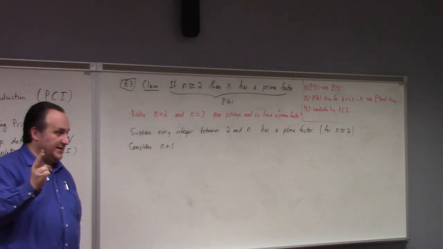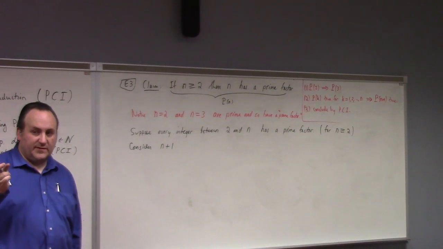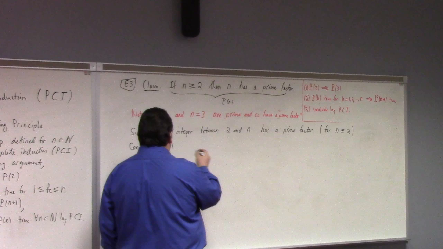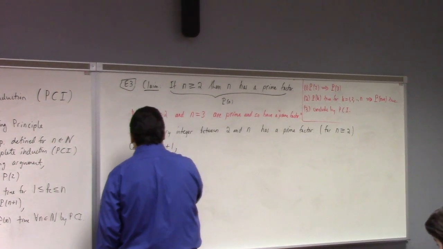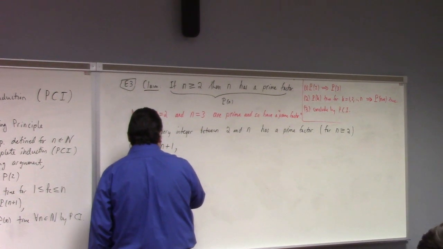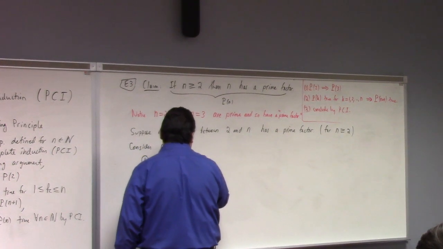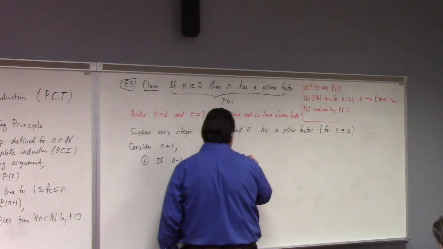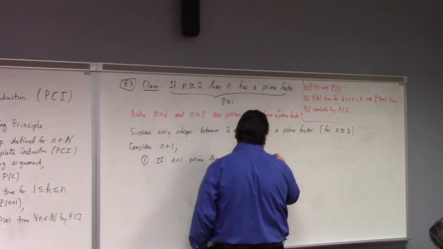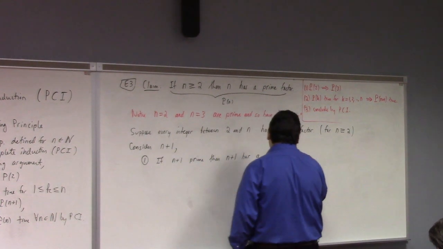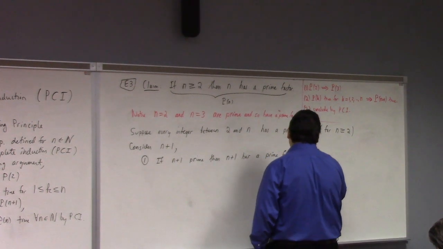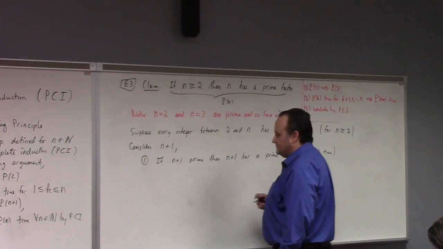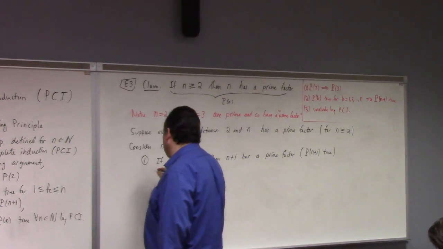So there are two cases, right? Either n plus 1 is prime, then n plus 1 has a prime factor. So we're done. That would say that P of n plus 1 is true, right? What's the other case?